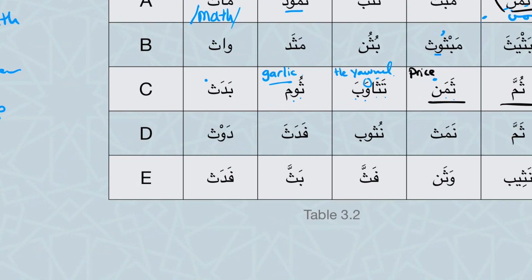It's not a dhamma. How would I pronounce this? Dawth, dawth. If I put a fatha here, it would be dawatha, but there's a sukun, so it's dawth.